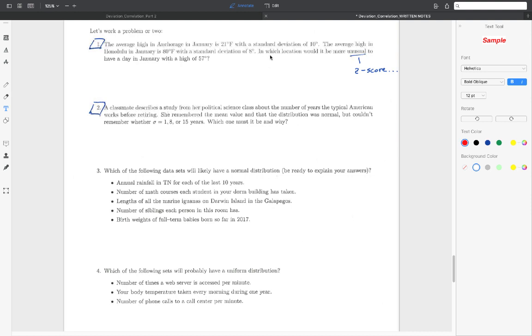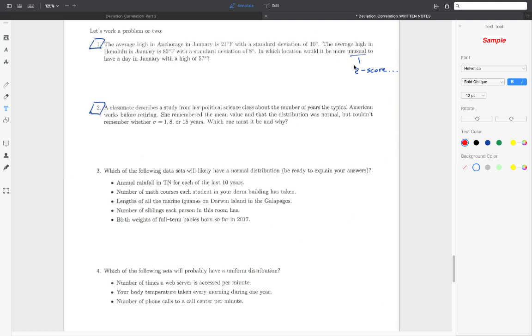So in which location would it be more unusual to have a day in January with a high of 57 degrees? More unusual, in some sense, means we're testing the likelihood of a January day with a high of 57. For Anchorage, it would be a great deal above the mean, and for Honolulu, it would be a great deal below. But what we want to do is compare that data point to Honolulu's mean in terms of its standard deviation, and likewise with Anchorage in terms of its standard deviation.